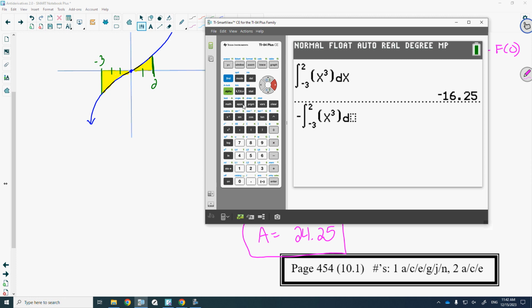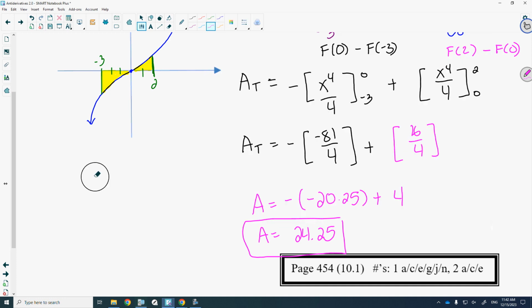We figured out this area. Oh yes, it'd be to 0, sorry, because we're doing two separate integrals. And then you would add your second area from 0 to 2 to get your answer. Okay, so just split it up. That's the lesson.